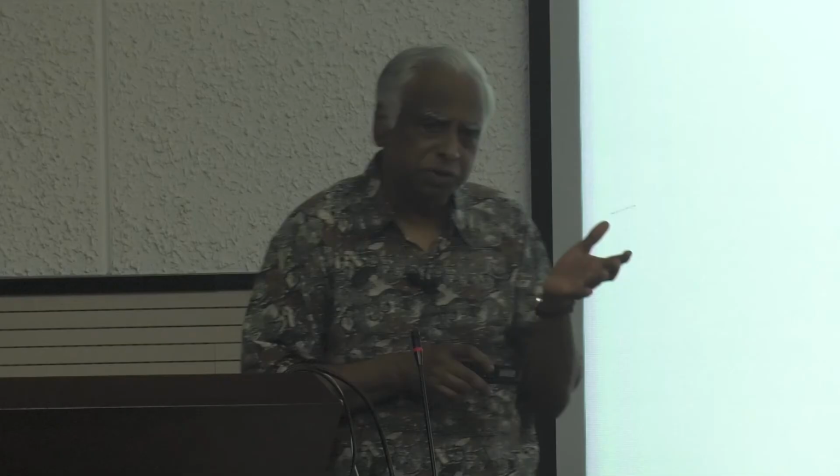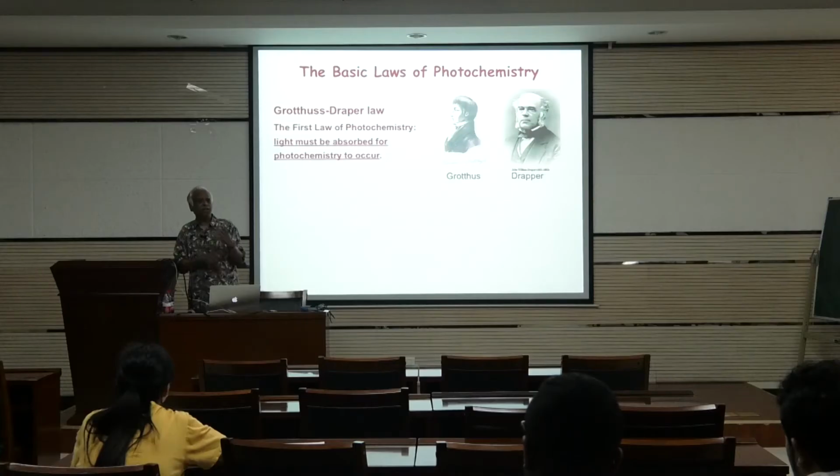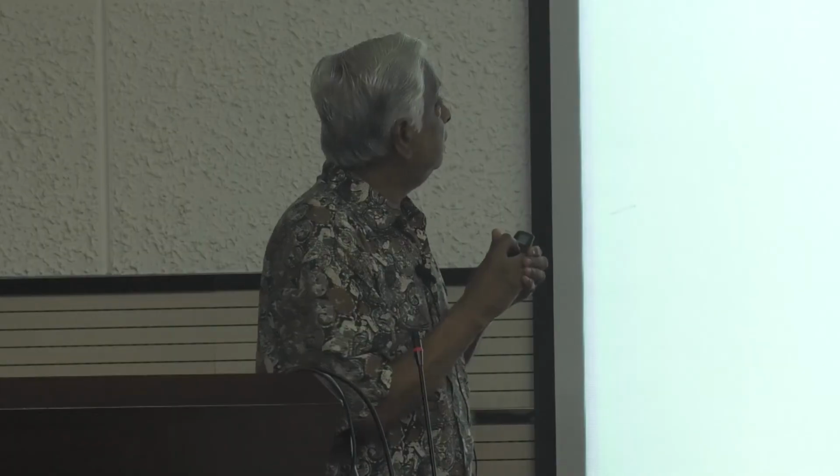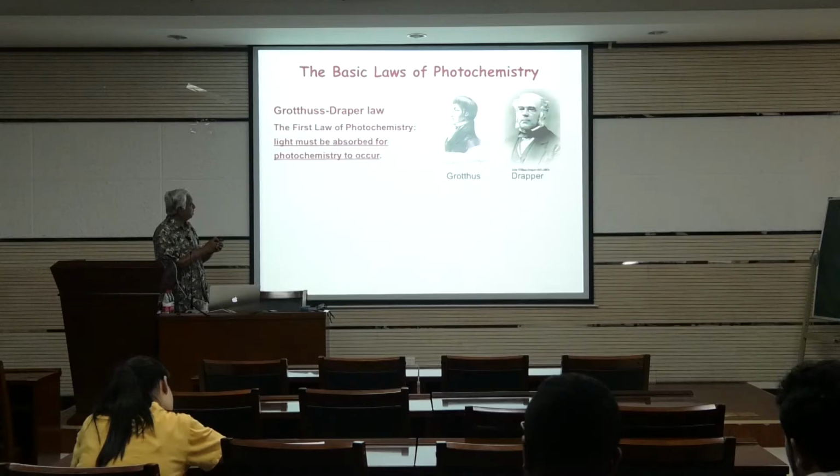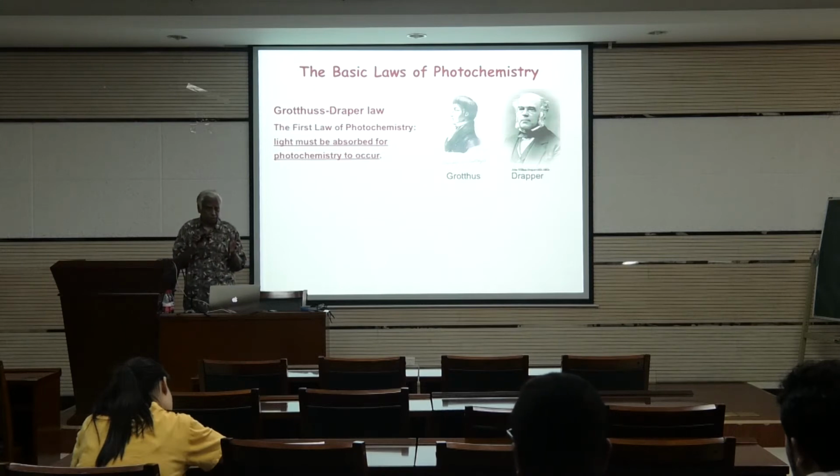And it's very obvious, you don't have to be a genius to figure this out. But even today, very many people don't understand. They think that photochemistry will do anything. It doesn't. The first law of photochemistry is that light must be absorbed for photochemistry to take place. If it does not absorb, there is no photochemistry. Okay.